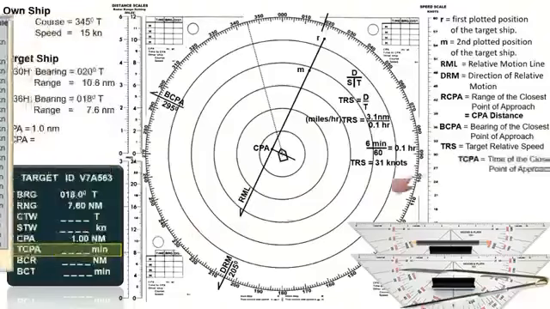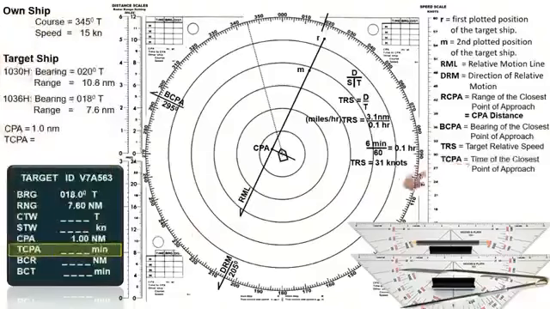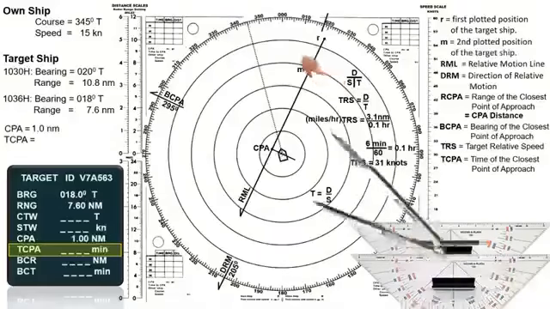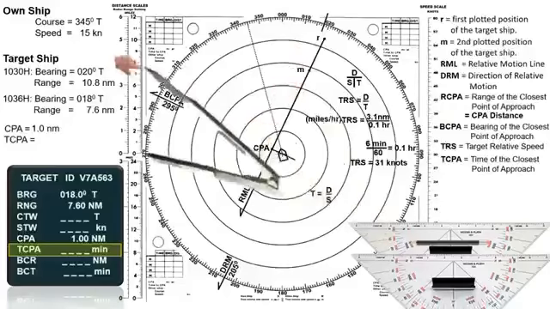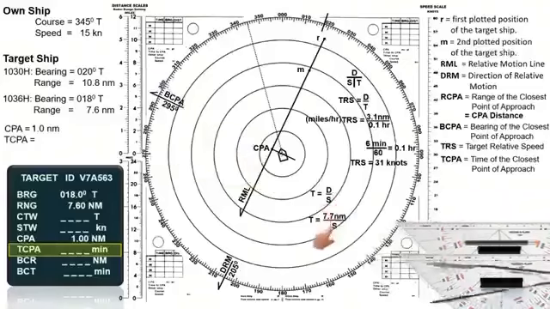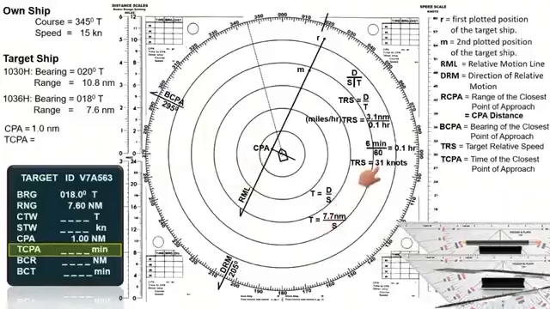Let us now calculate the time of the closest point of approach, TCPA, using the formula, time is equal to distance divided by speed. The distance will be measured from the second observation, point M, to CPA, in this case, 7.7 nautical miles. For the speed, it is the target's relative speed, which is 31 knots.